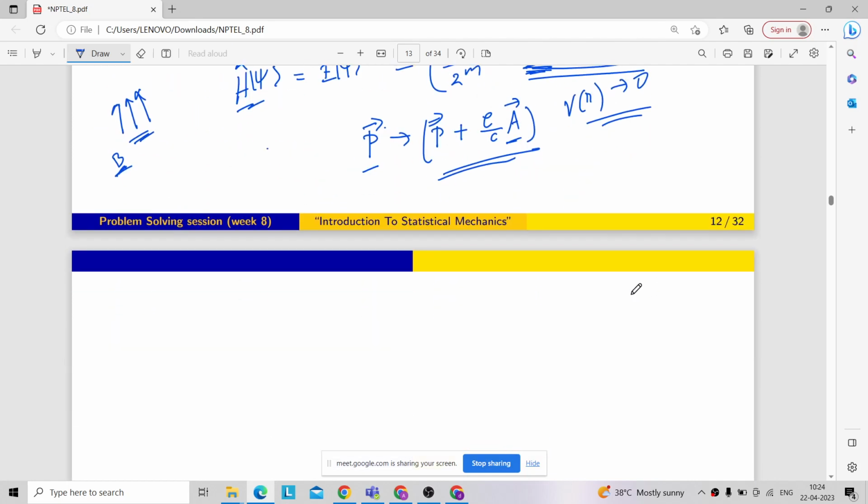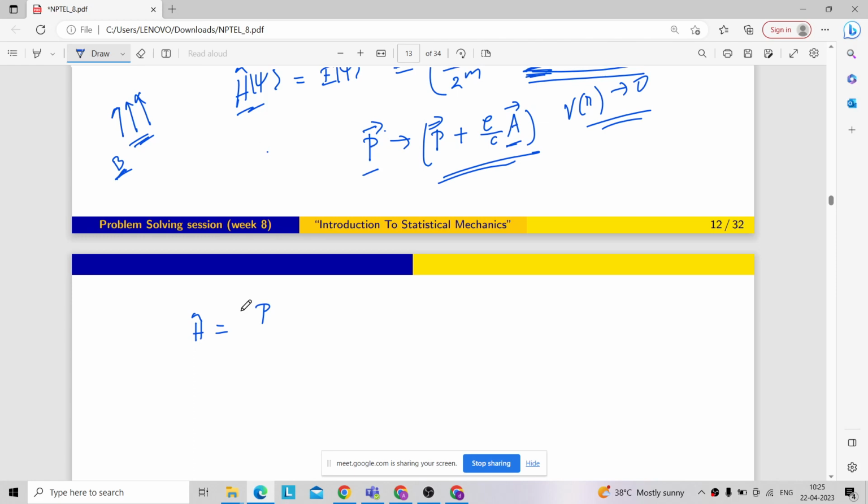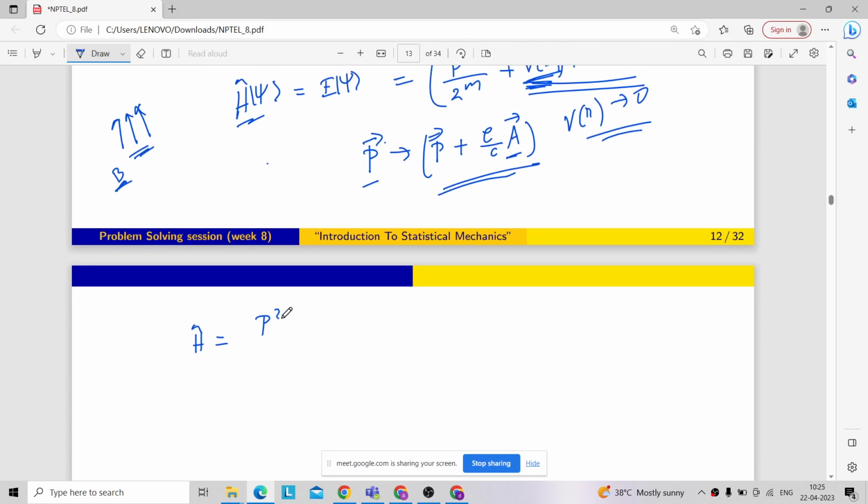So finally what I have, my Schrodinger equation, initially H is equal to P square over 2m, so P will be modified, so this will become P plus e over c A, whole square, divided by 2m.